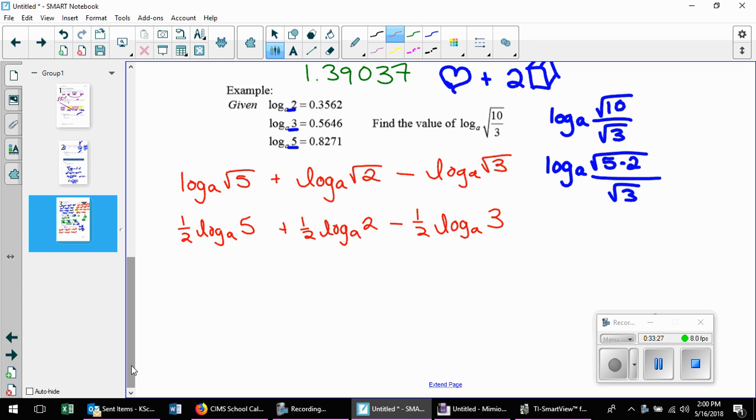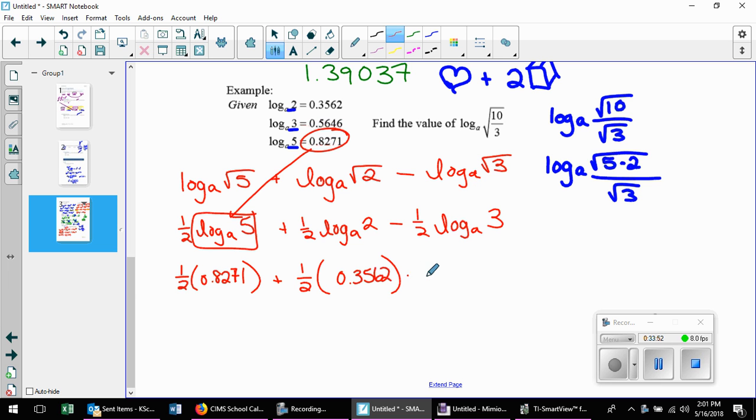So can all this be one that you'd be given in a calculator section? Because this is equivalent to this. So you have 1/2 times 0.8271 plus 1/2 times 0.3562 minus 1/2 of 0.5646.